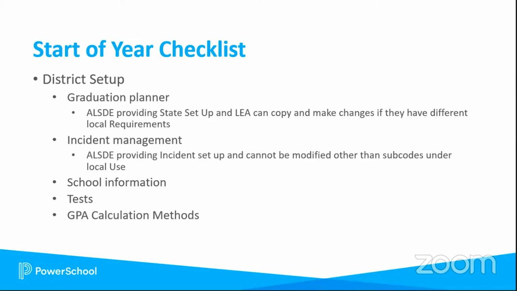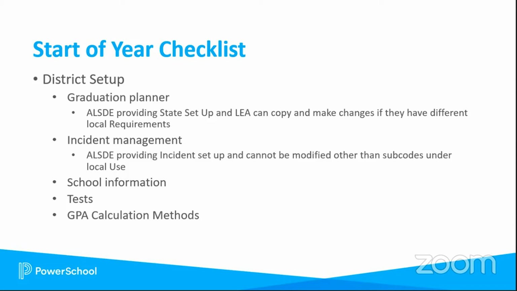Incident management is another area where the state is providing the incident setup, and it's being pushed down to all of your instances. It cannot be modified other than adding any LEA subcodes under the local use for action codes and the local use for behavior.